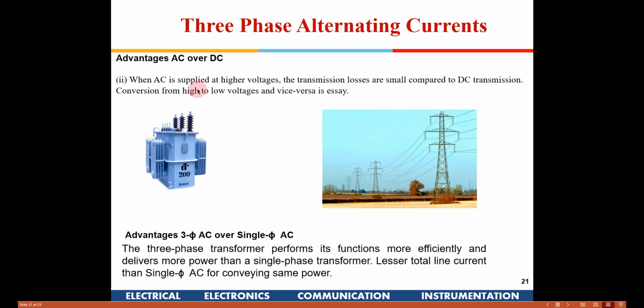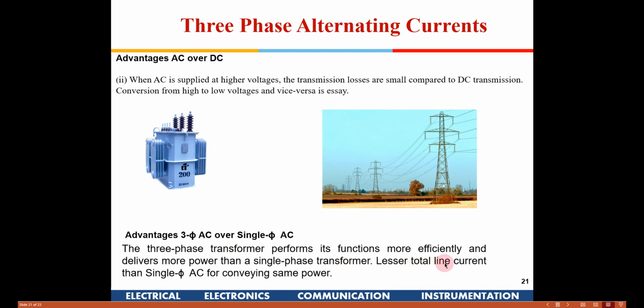Similarly, we had discussed that the AC supply is supplied at higher voltages, so transmission losses are small compared to DC transmission. So you can use transformers to up convert and down convert AC signals. Now coming to 3-phase AC over single phase AC, again the 3-phase transformers are much more efficient than the single phase transformer.